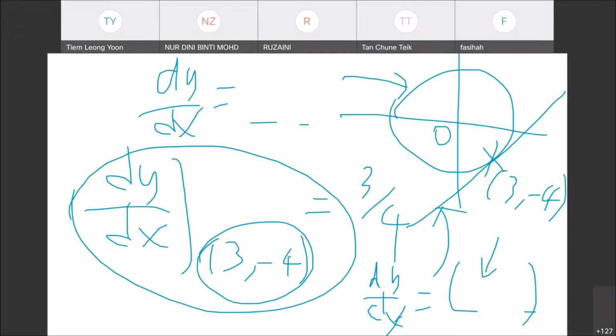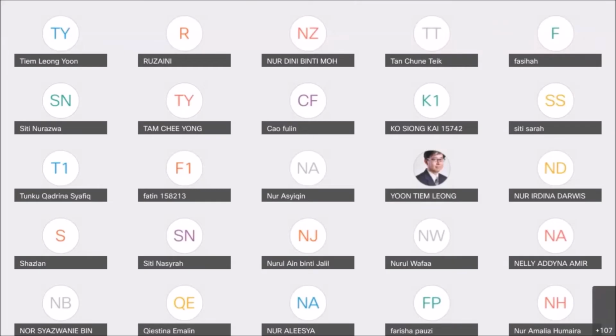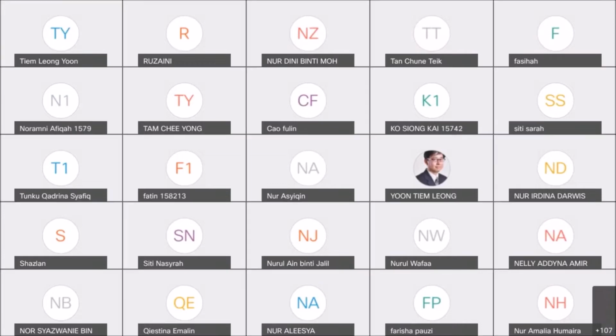So let me go back to the previous slide. So we are now going to look at another example. So let me see what example I'm talking about. I'm going to share my screen.